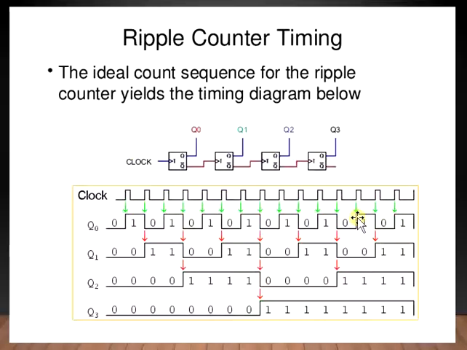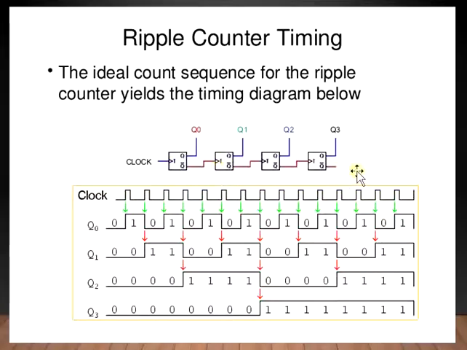With the count enable or the T inputs held at logic 1, the output of each flip-flop toggles for every 0 to 1 transition of the clock input, or at every positive edge of the clock, which is shown in this particular figure. So the clock inputs of the flip-flops F2, F3 and F4 are connected to the Q bar of the previous flip-flop, as you can see here.